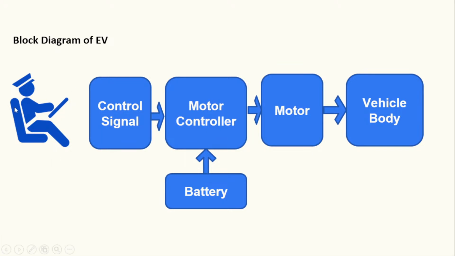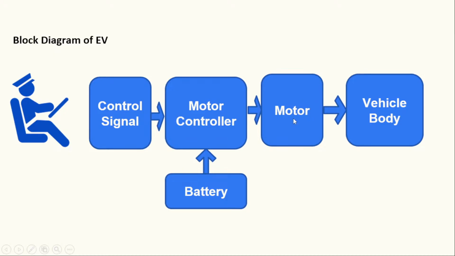Here the signal is generated from the driver. Whatever signal we generate is transferred to the motor controller. The motor controller controls the motor, and the motor drives the vehicle body. Just observe the real-time scenario.